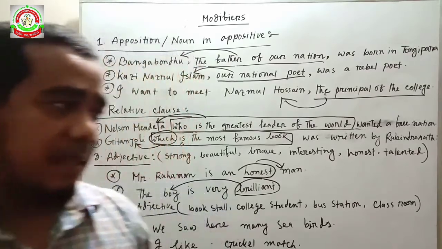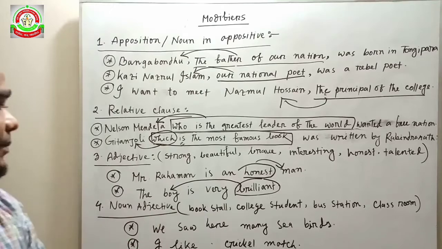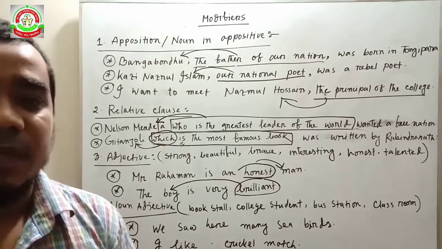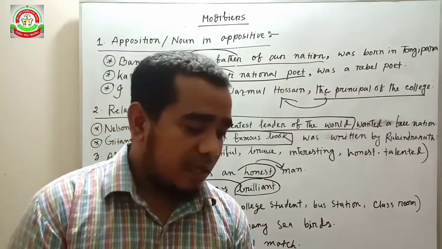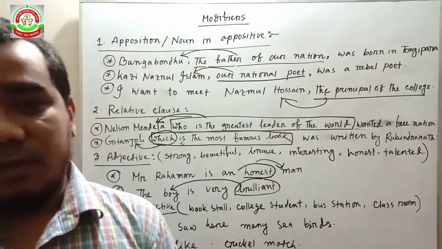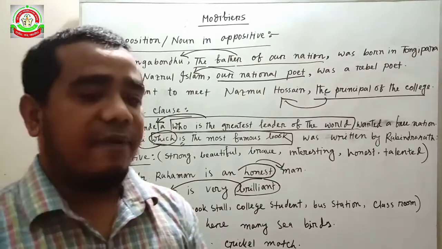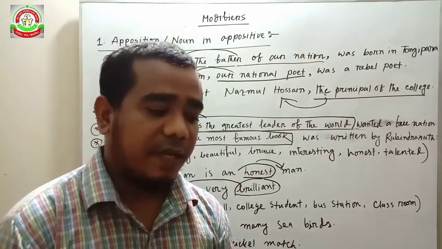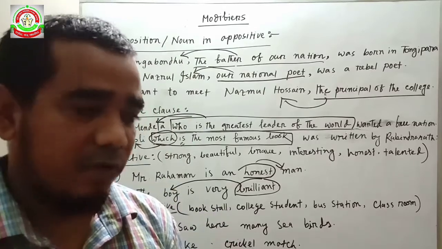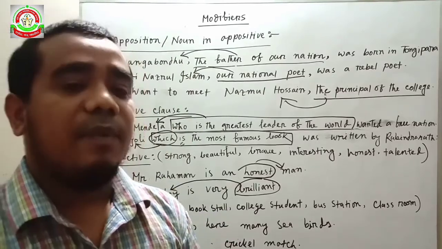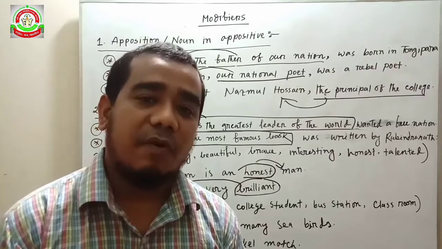Let's see the next, noun adjective. What is a noun adjective? Dear students, it is very simple. When a noun sits before another noun for clarifying the meaning or for giving better information or real information about the noun, then the previous noun will be called a noun adjective.